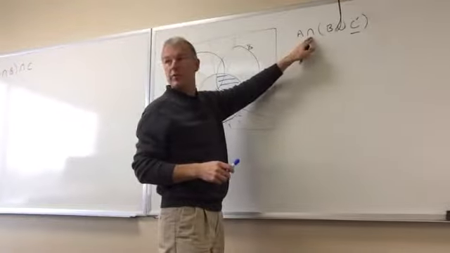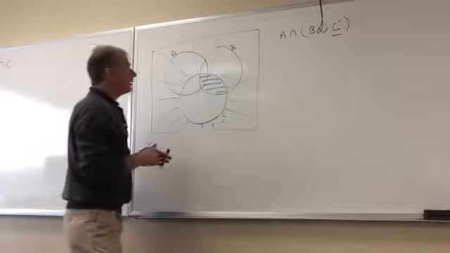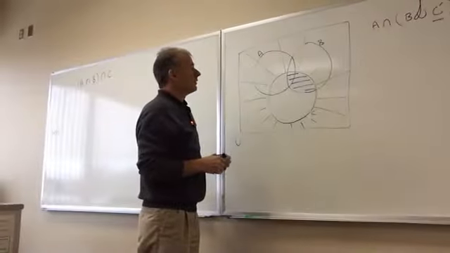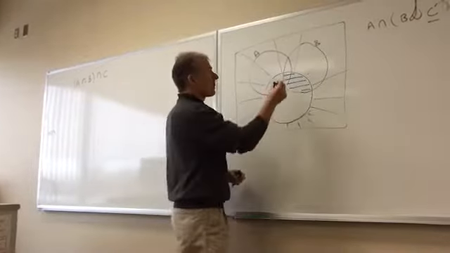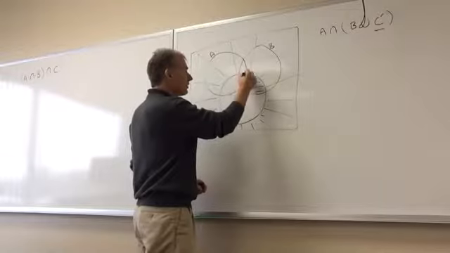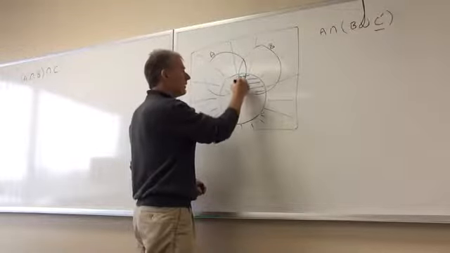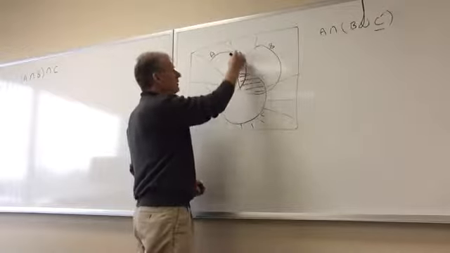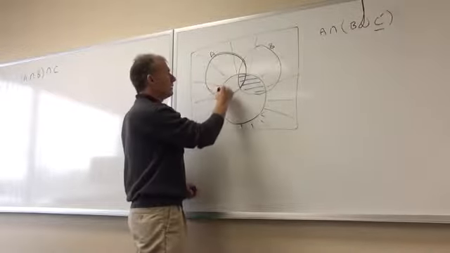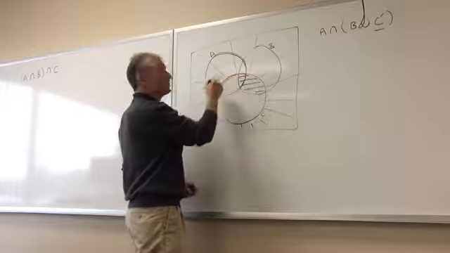So where does everything in blue intersect with A? Little piece. So it's going to be for sure this part right here, right? But it would also be then this part here to there.